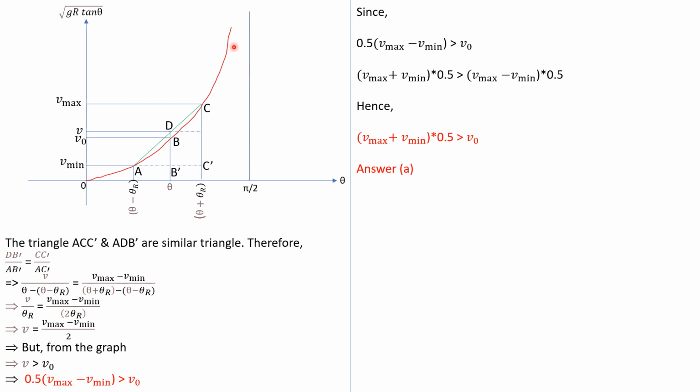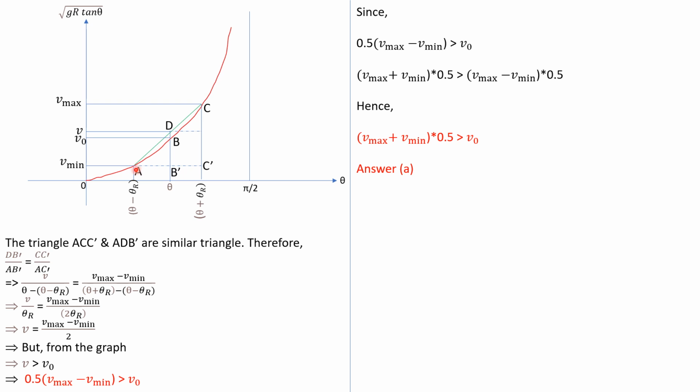At 90 degrees it will become infinity, so that is why it is approaching like this. So let us take the point A, which is at an angle theta minus theta r, and B on the graph at angle theta, and C on the graph at theta plus theta r. So ABC is the curved line.